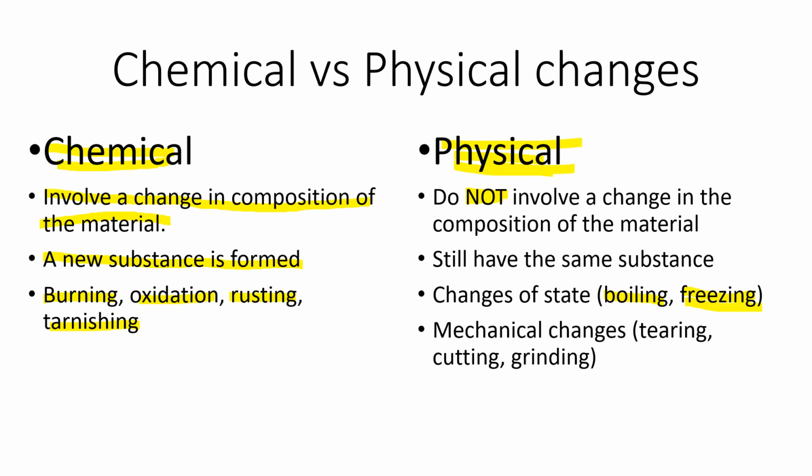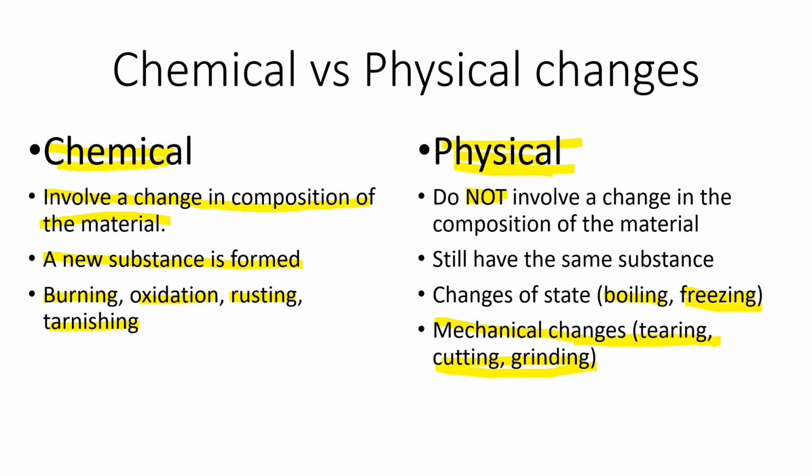Also, any sort of mechanical changes are going to be physical changes in matter. So things like ripping, tearing, grinding, cutting, any of those are just going to be physical changes. When you take a piece of paper and cut it in half, you still fundamentally have paper.